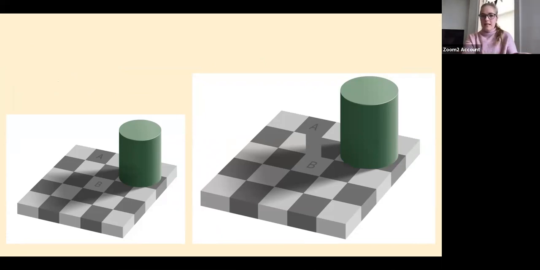The actual physical wavelengths of light being emitted by the two squares are the same. It's just that A looks darker to us than B because of the context. This isn't super relevant to our topic today, but I thought it was kind of fun to have a little optical illusion to get us thinking before we jump into this week's topic.